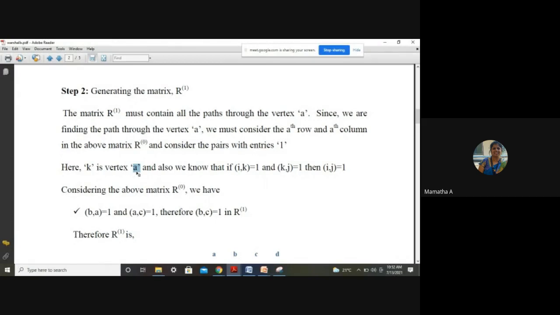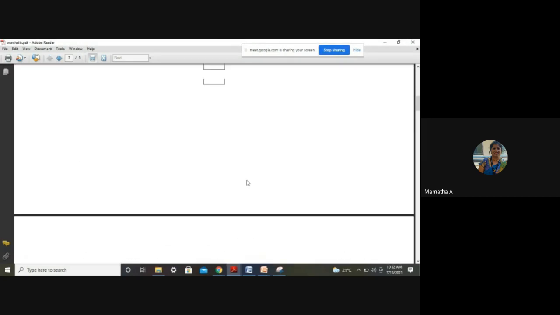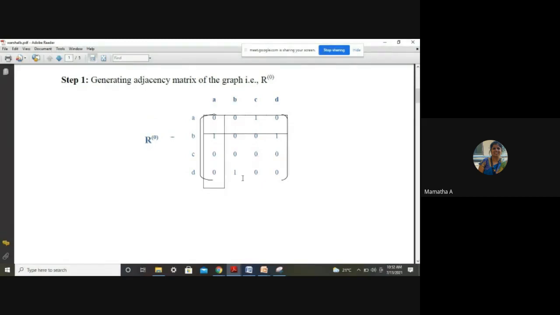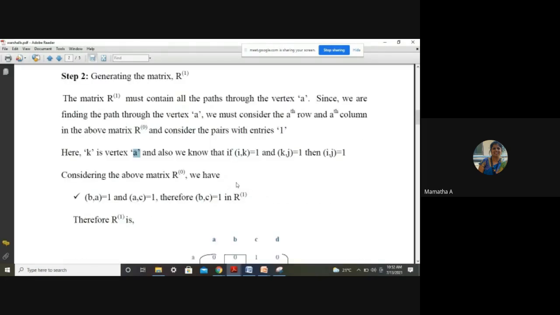So what is the transitive rule that you apply for solving? How do you combine? I comma K equals 1 and K comma J equals 1 implies that I comma J equals 1. And that is the updated values in your matrix R1.